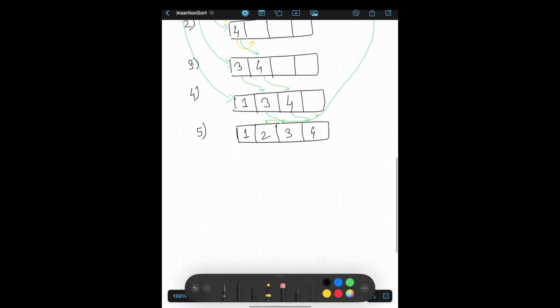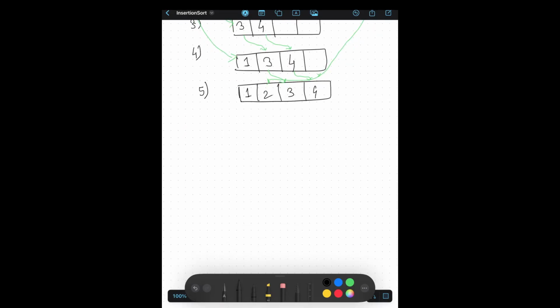So let's look at insertion sort more formally. Let's look at the same list. Now insertion sort is in place, which means the sorting is going to take place in the same array.